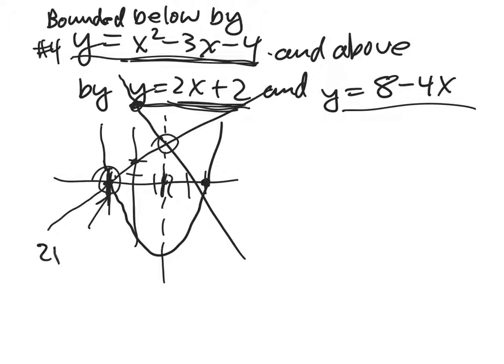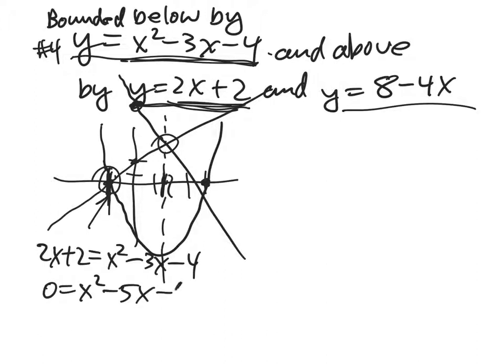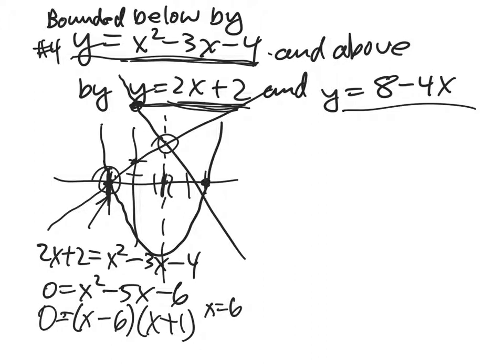So that one we'd find 2x plus 2 equals x squared minus 3x minus 4, and solve that. We'll have x minus 6 and x plus 1, which gives us x equals 6.